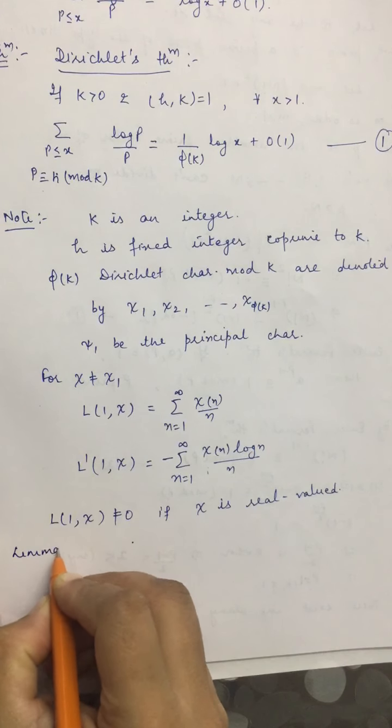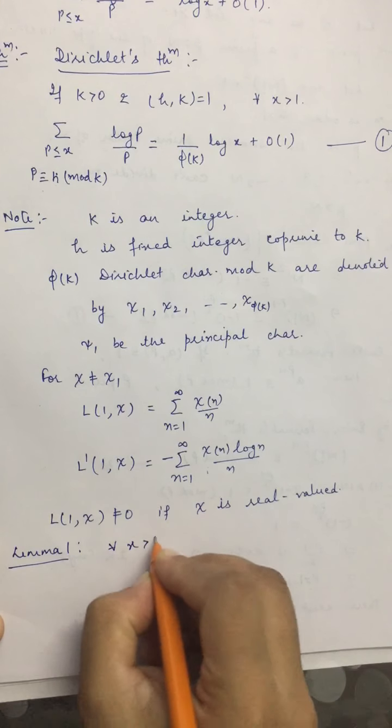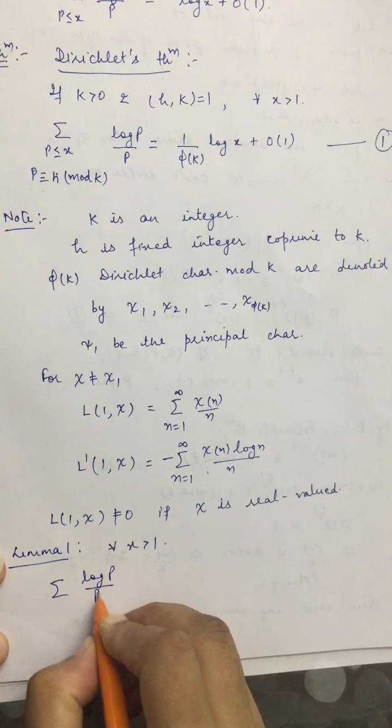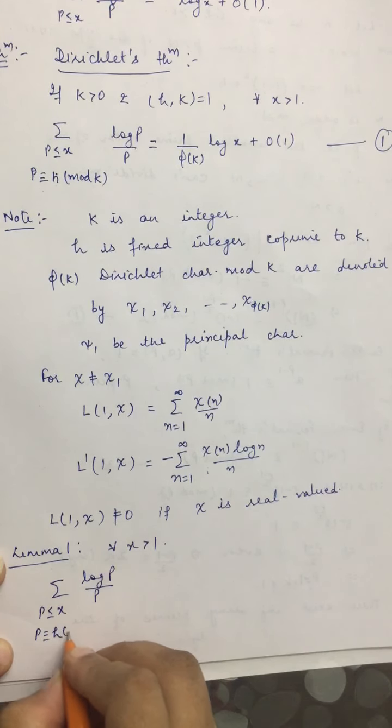So the first lemma to prove this theorem is, for all x greater than 1, we have this summation log p upon p over all the primes which are congruent to h modulo k.